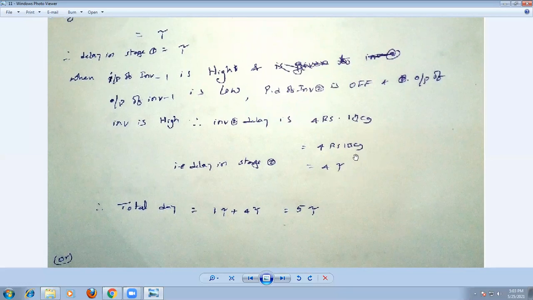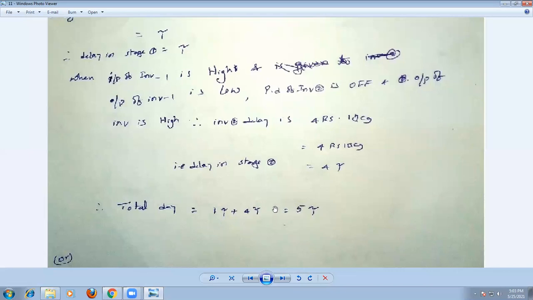Now, what is the total delay? Total delay is the first stage plus the second stage. The first stage has 1 tau, the second stage has 4 tau. The total delay for an NMOS inverter pair is equal to 5 times tau.